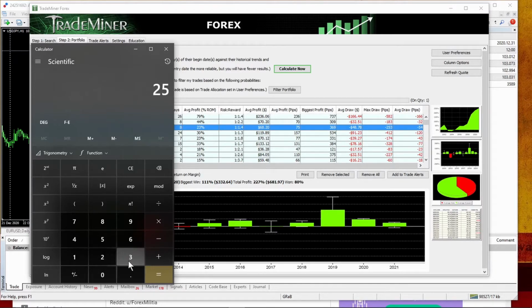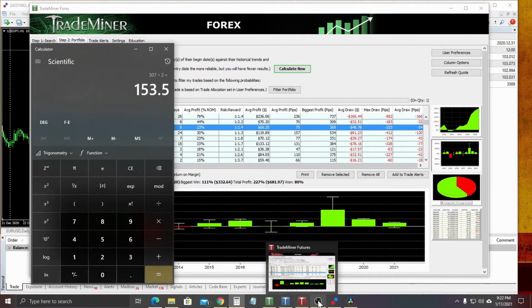So 253 plus 54 equals, and then divide that by 2, equals 153. So I would put my stop at 153 and a half.